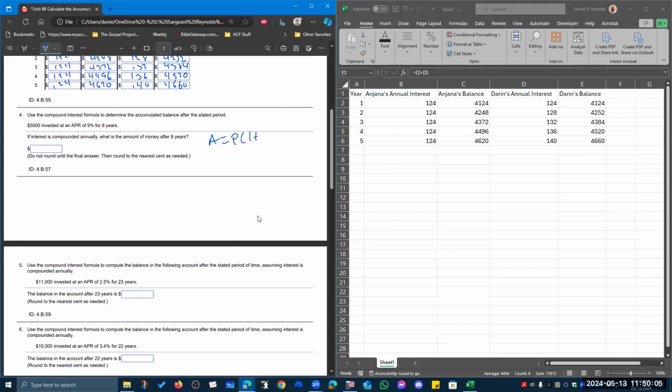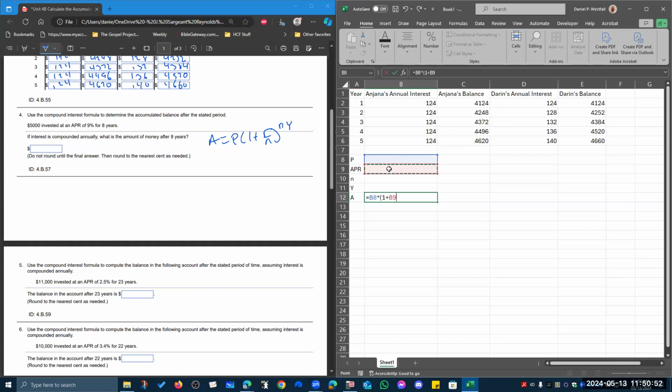A equals P times 1 plus R over N to the N Y. And I'm just going to put A here, P here, R, N, and Y here, and I'm going to calculate A. A is going to be equal to this cell, P, times 1 plus this cell divided by this cell, raised to this cell times that cell.